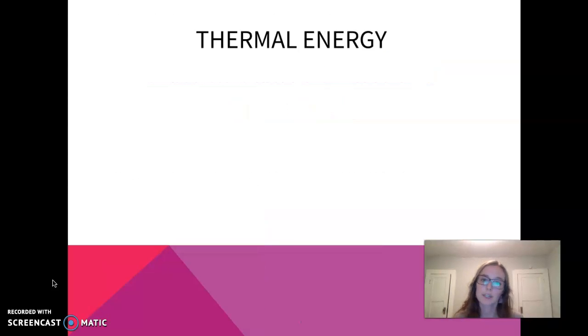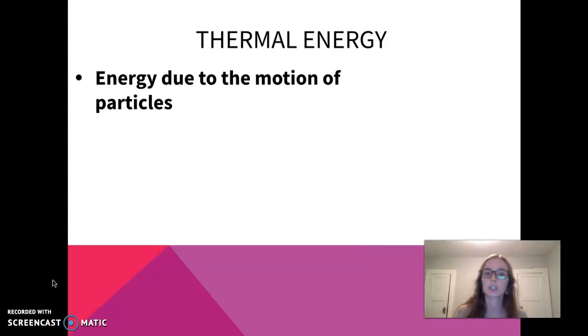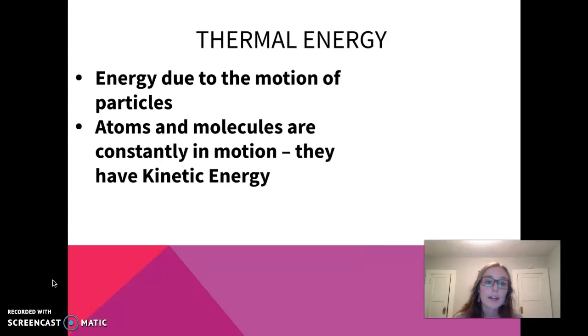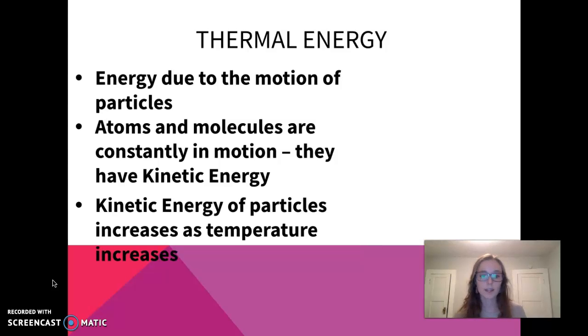The next type we're going to talk about is thermal energy, and you could probably guess it, but it is energy due to the motion of particles. Atoms and molecules are constantly in motion. They have kinetic energy because they are in motion, and that is energy in motion. And so kinetic energy of particles increases as temperature increases.